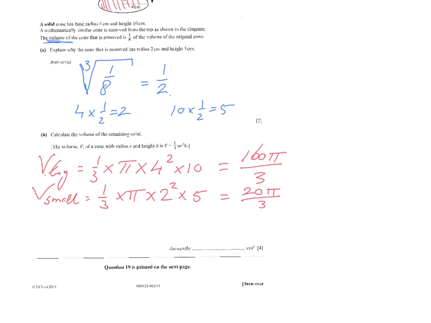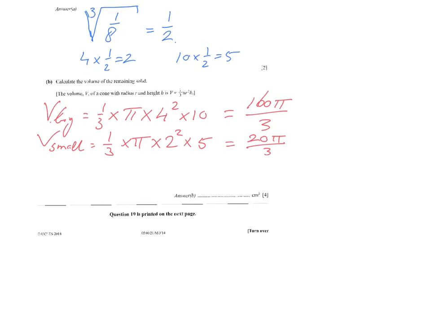And again, I have to scroll down a little bit. I'm going to take that away from each other because we had a big cone and we took something away. So we have 140 pi over 3 left. I'm just going to plug that in my calculator. Was there a particular accuracy defined? No, so we will do it in 3 significant figures.